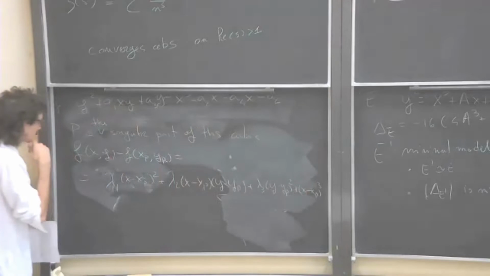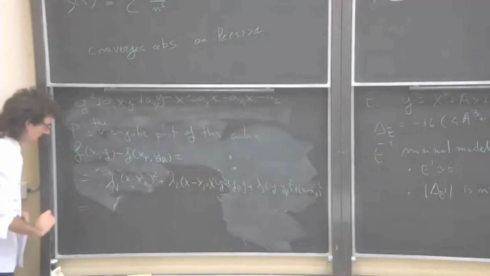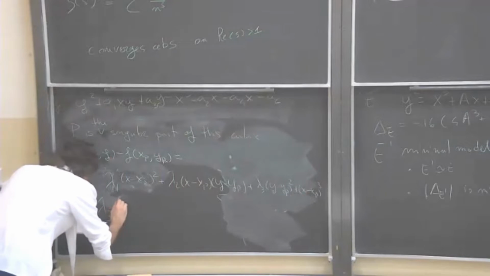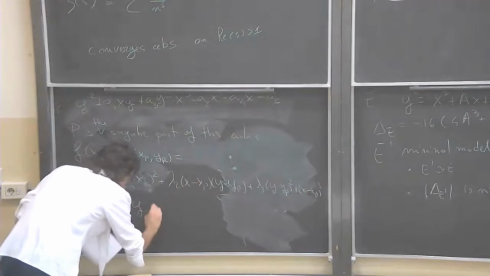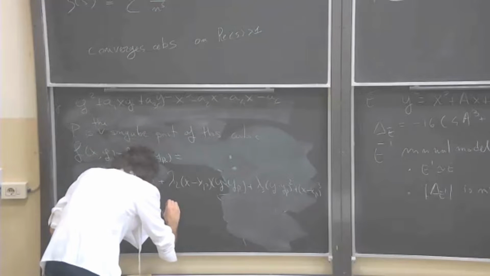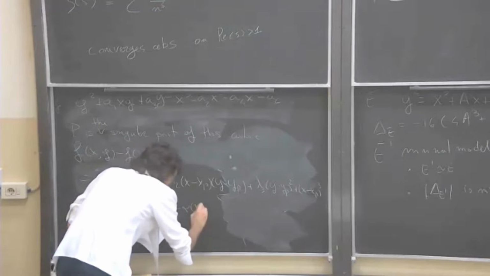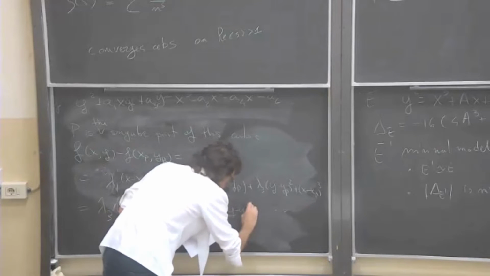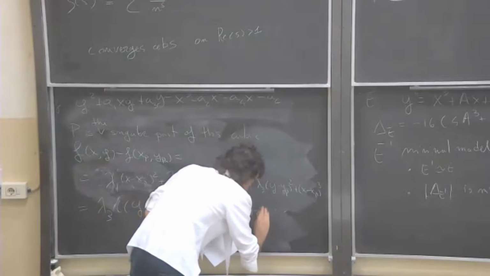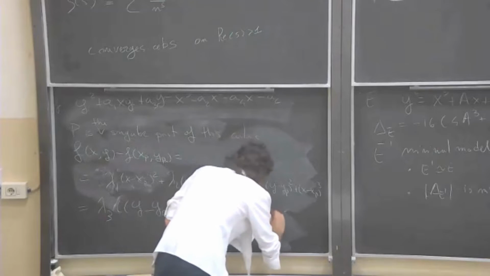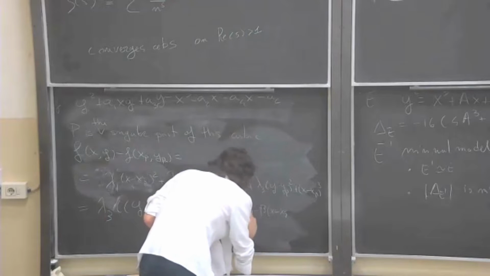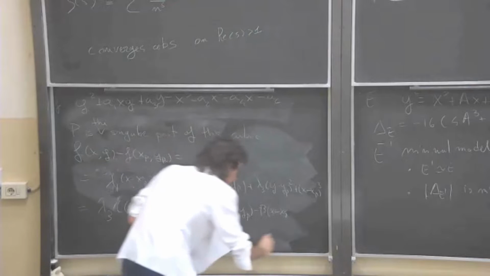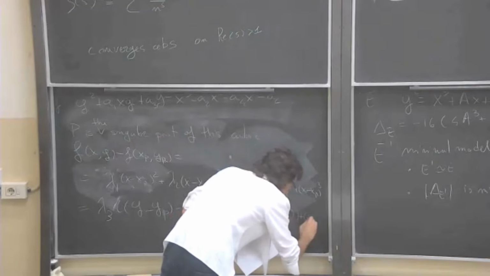Now, it's important to do the steps separately because now we can see a little bit of what's going on. This rewrites, but not over our field a priori. 0 equals y minus yP minus alpha times x minus xP, times y minus yP minus beta times x minus xP, plus x minus xP cubed.